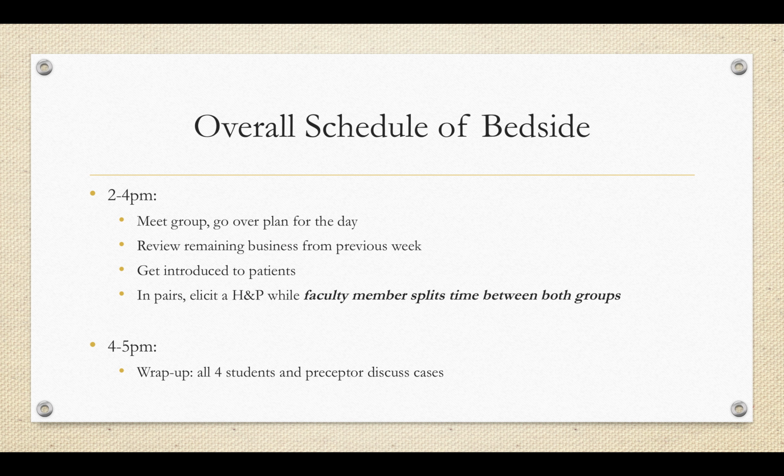In general, during the history taking, it's probably best to use a light touch, not heavily involved in immediate feedback, letting them take the history and providing feedback later on. For the physical exam, it actually works just fine to often give them feedback right in real time. So you're basically going to be splitting your time between both pairs of students.